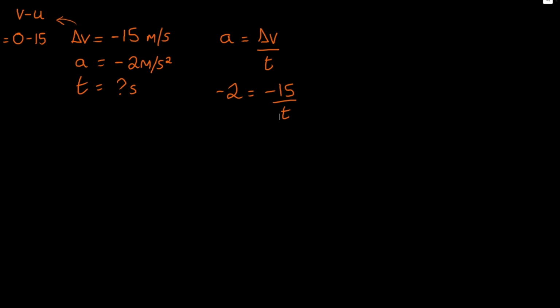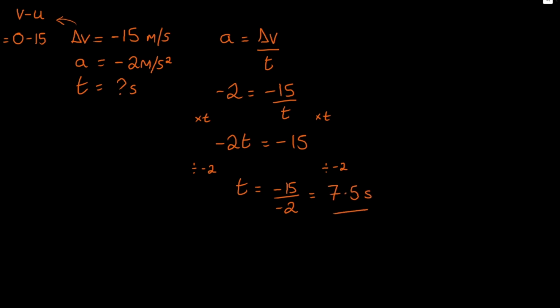Let's rearrange this. We multiply both sides by t, so we get minus 2t is equal to minus 15. And I now want to get t on its own, so we're going to divide both sides by minus 2. So t is equal to minus 15 over minus 2, and that should give us 7.5 seconds.